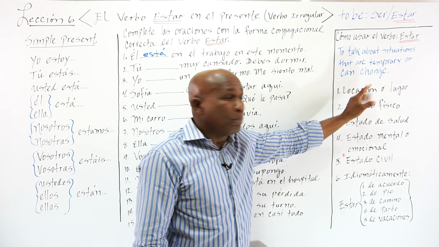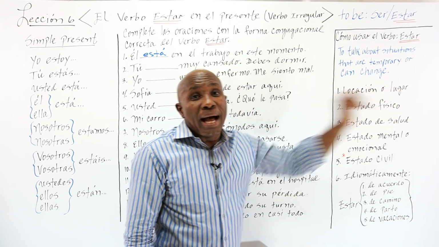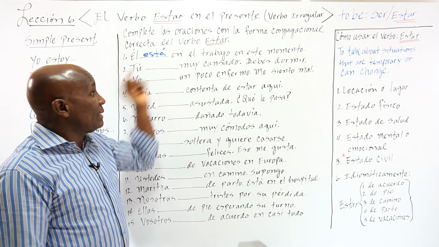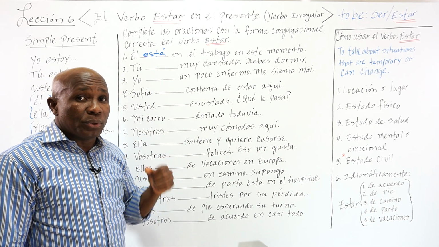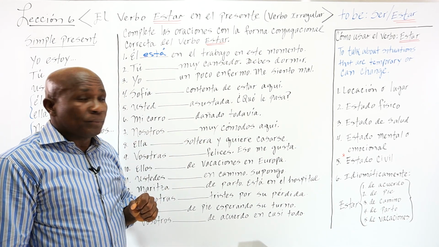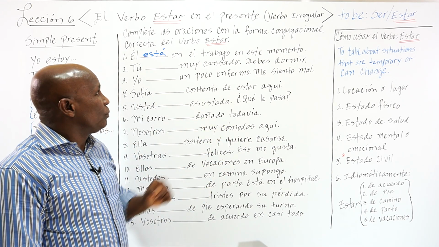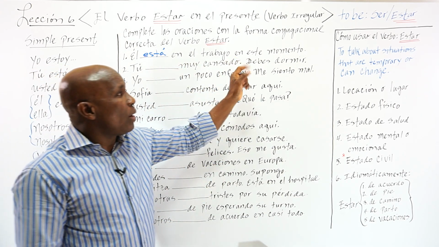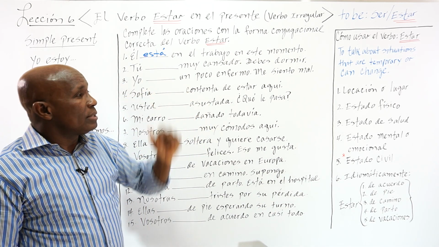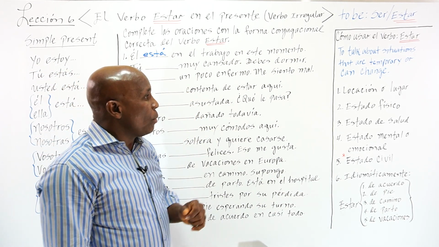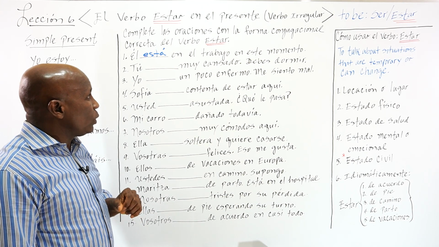Location or place. Locación o lugar. That's why we use estar in this case. It is not possible to use ser. Él es. No, doesn't make any sense. Él está en el trabajo en este momento, right? He is at work at this moment. That's a place or location.